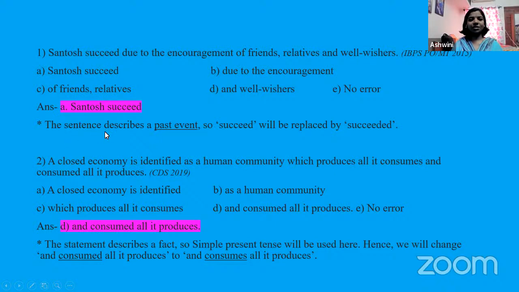The sentence describes a past event, so "succeed" is replaced by "succeeded". What do you have to write? Succeeded. Okay, now: Santosh succeeded due to the encouragement of friends, relatives and well-wishers.